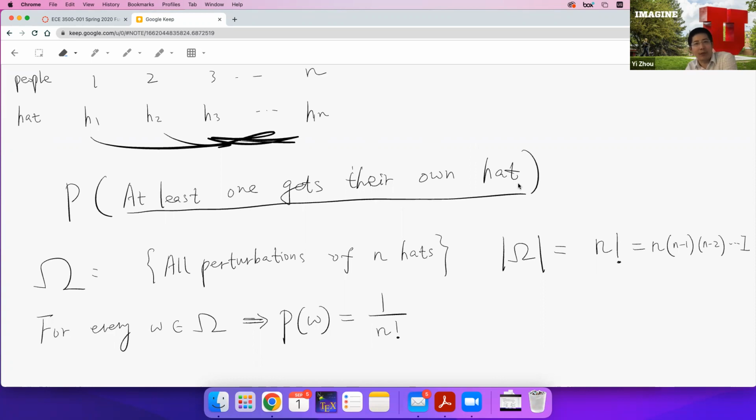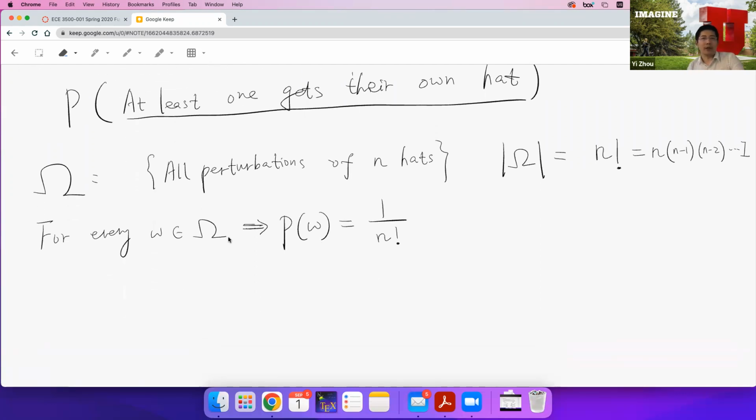At least one person gets their own hat. We may have 1 person get their own hat, 2 people, 3 people, up to n people. And for each case, let's say if 3 people get their own hat, another question is who are those 3 people? You need to select from these n people. So it involves a lot of calculations if we do it in a straightforward way.